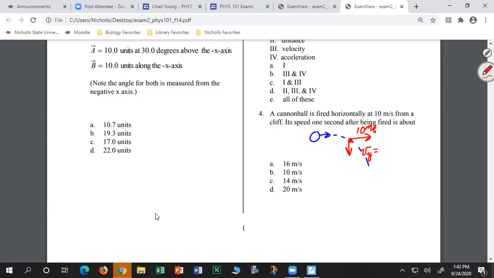After 1 second, Vy is equal to V0y plus Ay t. That's 0 minus 10 times 1. The minus 10 is the acceleration due to gravity, and the 1 is the time that it's been in flight. It's in flight for 1 second. So that's equal to minus 10 meters per second.